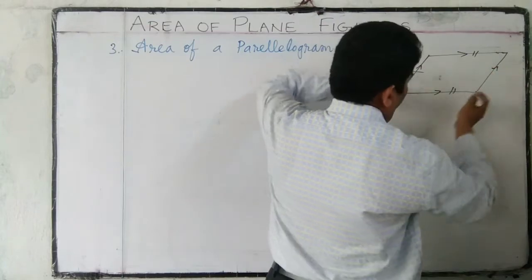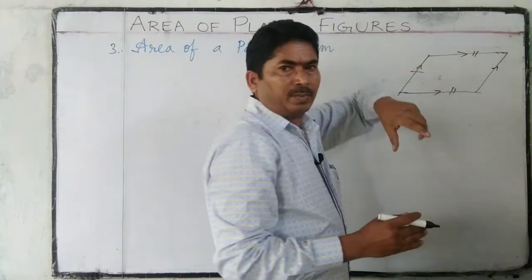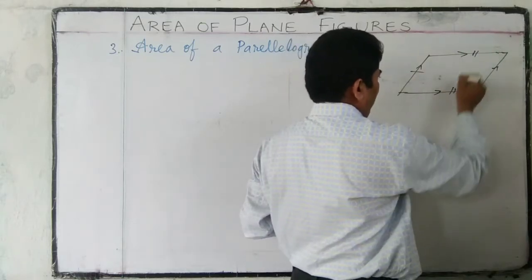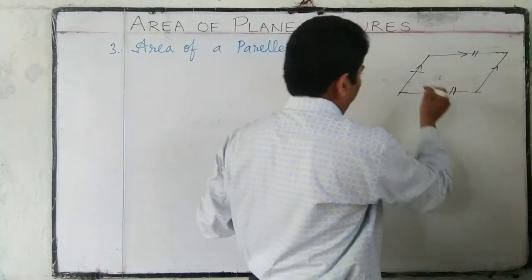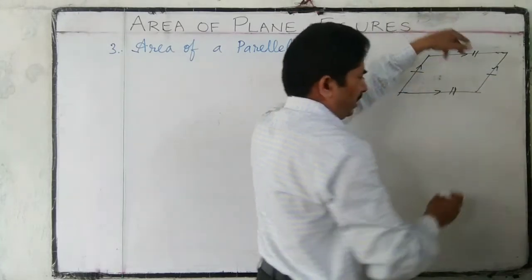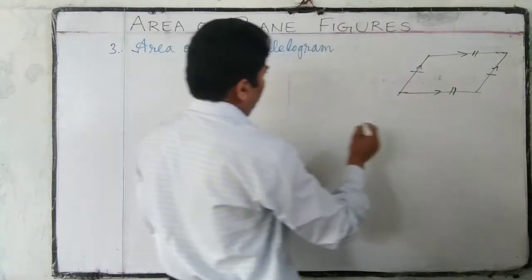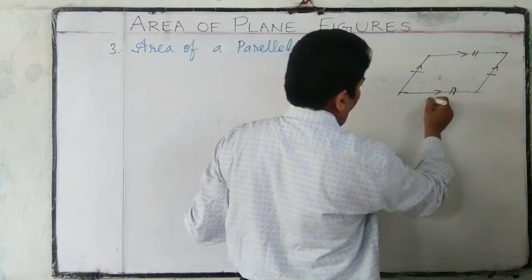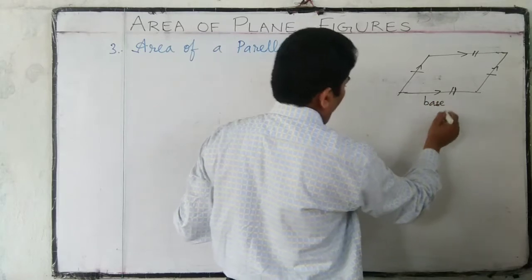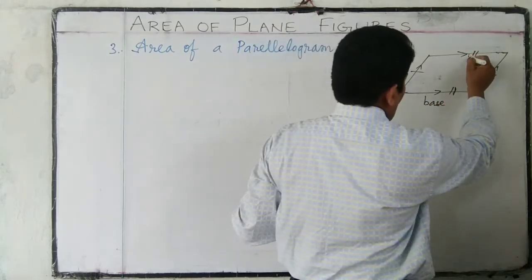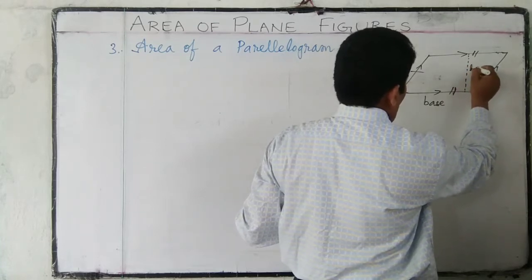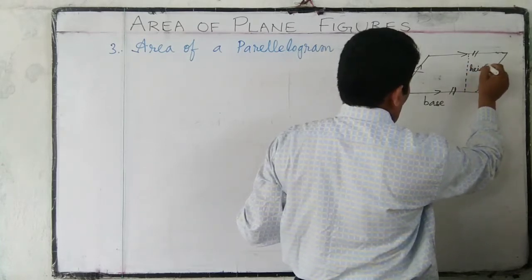These arrow marks indicate parallels, and these double lines indicate equal. This single line, these two equal. So this is a parallelogram. This horizontal line is called base. This is height of the parallelogram.